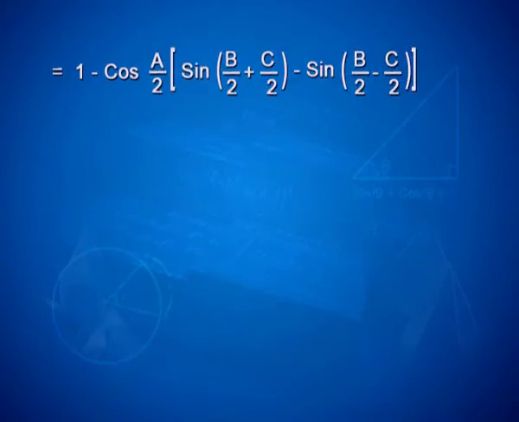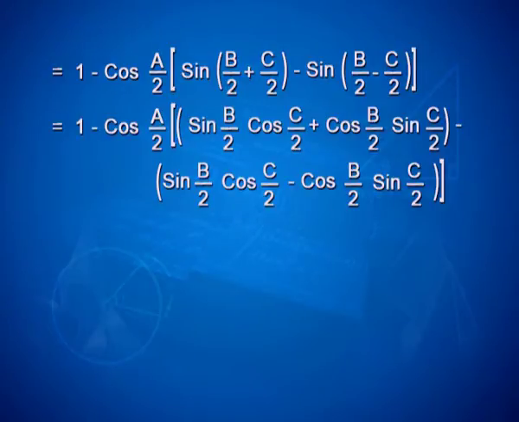Solving this is equal to 1 minus cos a upon 2 into sin b upon 2 plus c upon 2 minus sin b upon 2 minus c upon 2. Using identity, 1 minus cos a upon 2 into sin b upon 2 into cos c upon 2 plus cos b upon 2 into sin c upon 2 minus sin b upon 2 into cos c upon 2 minus cos b upon 2 into sin c upon 2.